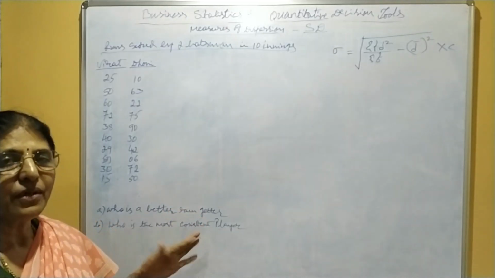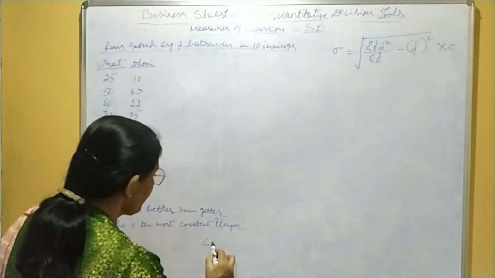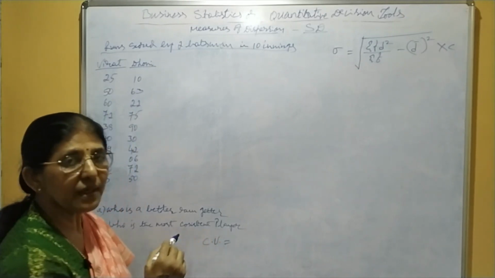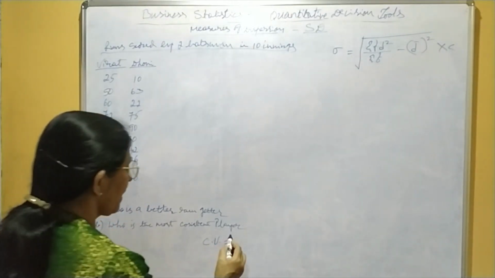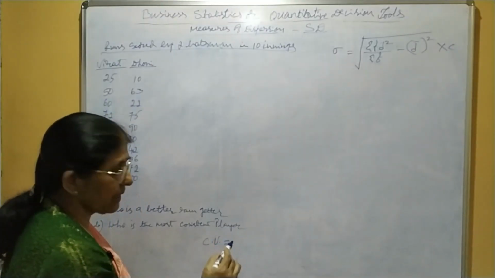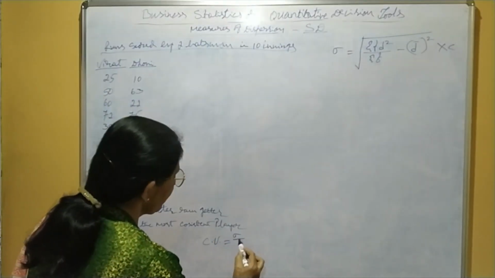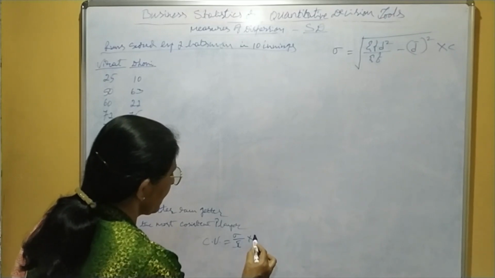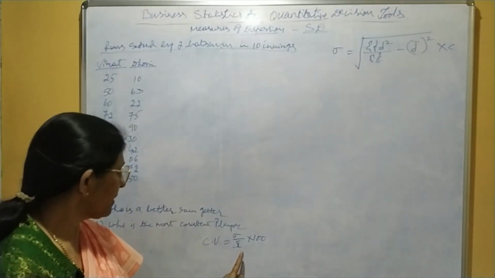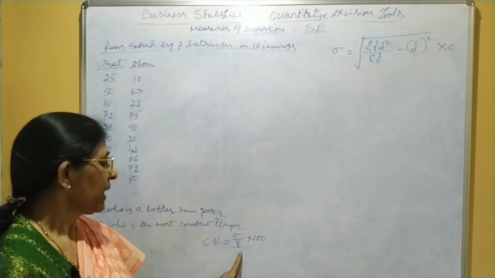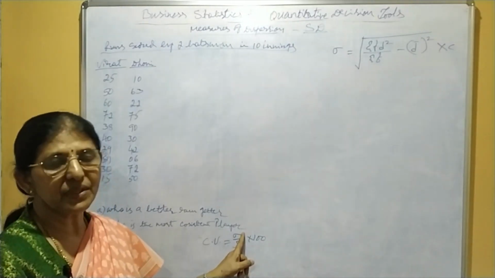This coefficient of variation is the relative measure of dispersion. It establishes the relationship between standard deviation and x bar, expressed in percentage. That means for us, the required information is x bar and standard deviation.